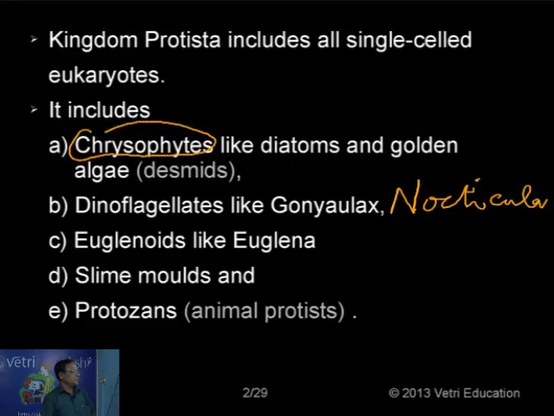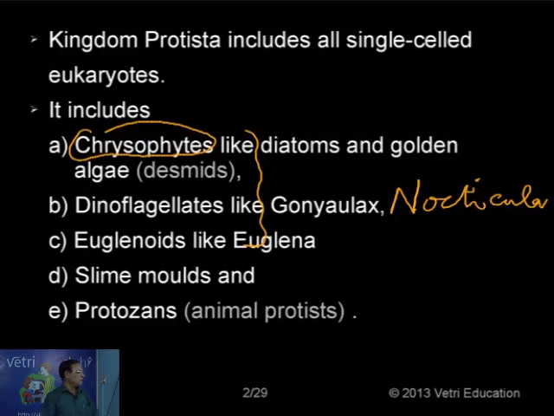So the chrysophytes, the dinoflagellates and also the euglenoids come under autotrophic protists because they have chloroplasts and the ability to synthesize food. That is why chrysophytes like diatoms, golden algae like desmids, dinoflagellates like Noctiluca, and euglenoids like Euglena are all autotrophic protists. They have the ability of synthesizing their own food.